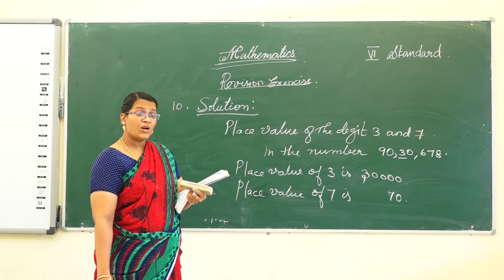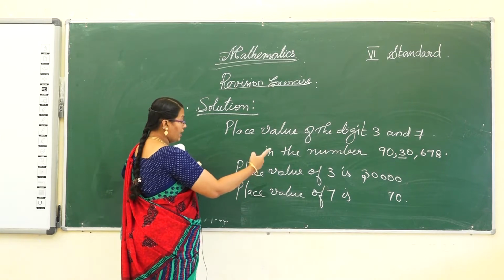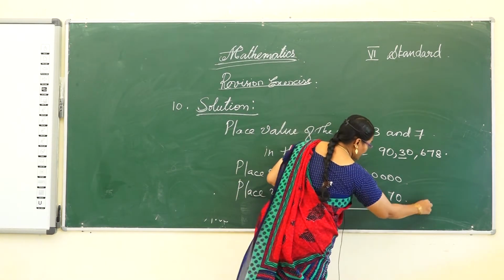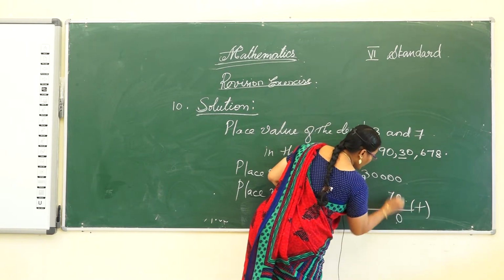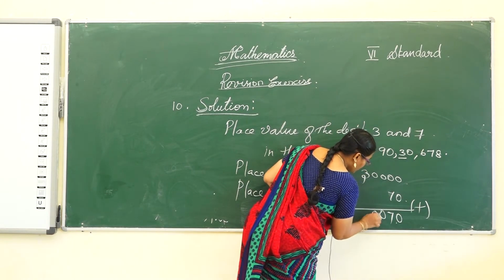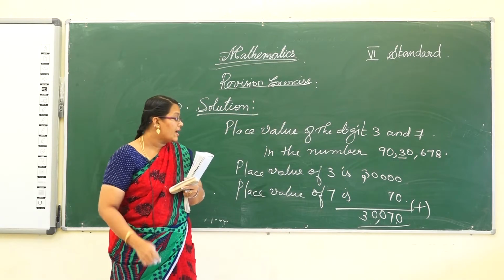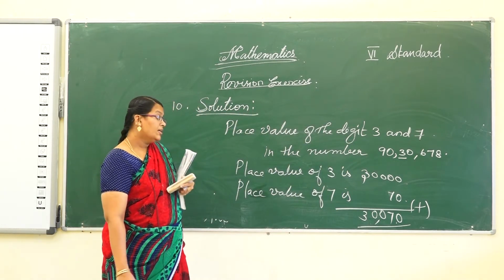Here find the sum of the place values of 3 and 7. So we add these two place values. So the sum of the place values of 3 and 7 is 30,070.